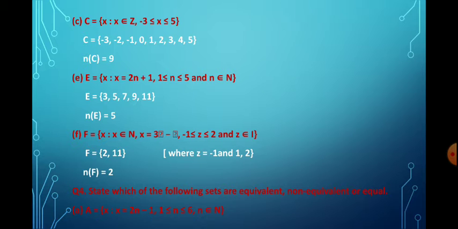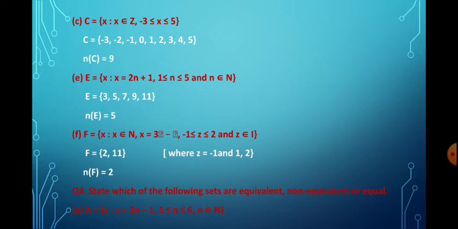Moving on to question number 4, state which of the following sets are equivalent, non-equivalent or equal. So equivalent means where the cardinal number of the two sets will be equal. That means the number of elements of each set will be equal, that is known as equivalent. But all the elements might not be similar.